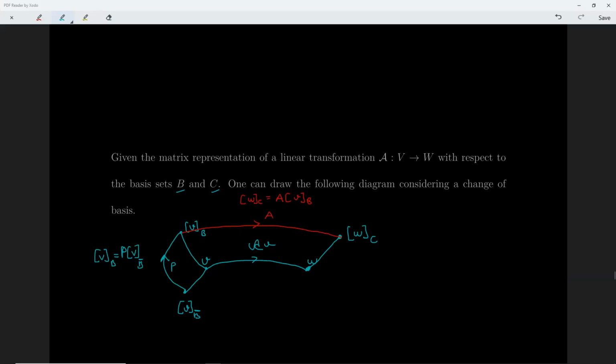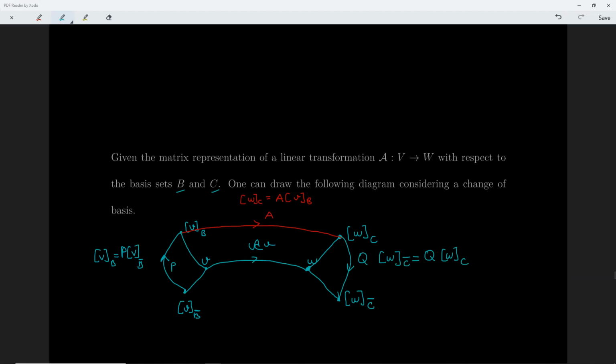And once again, suppose that I change the basis set in my codomain into C bar. Once again, suppose there's a transformation between those representations using an invertible matrix, let's say Q, such that the representation of W with respect to C bar is equal to Q times the representation of W with respect to C. This is what we have done before when we were changing the basis for representing a single vector, right?